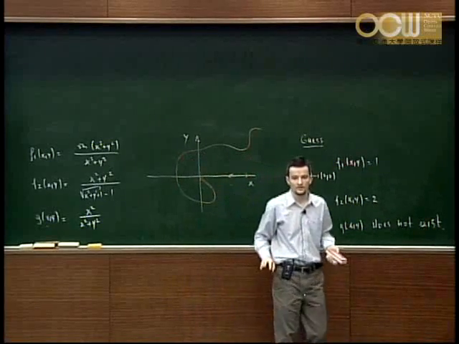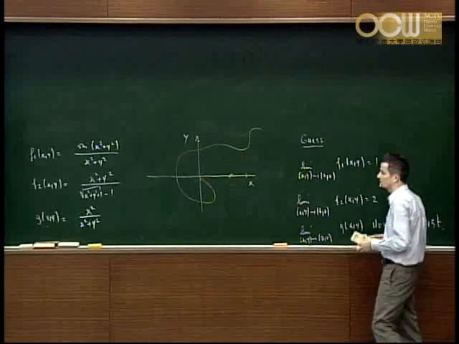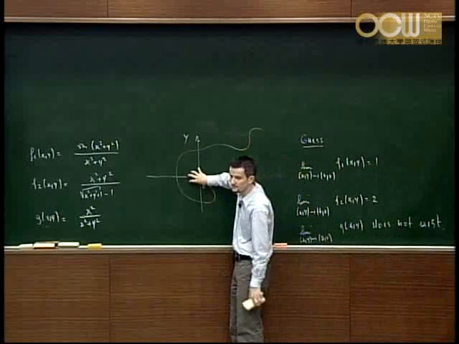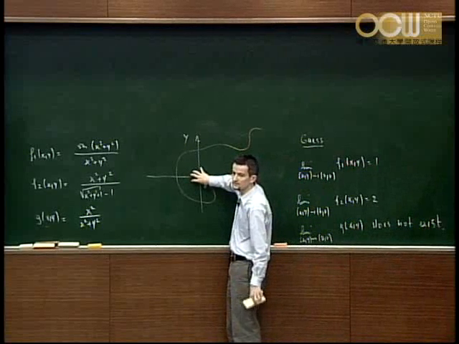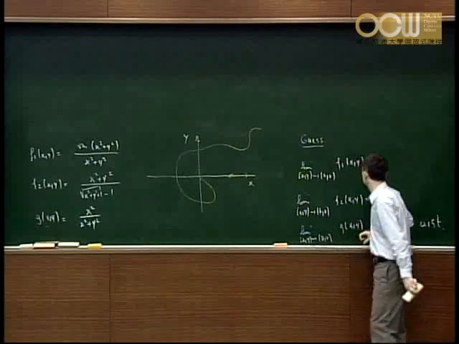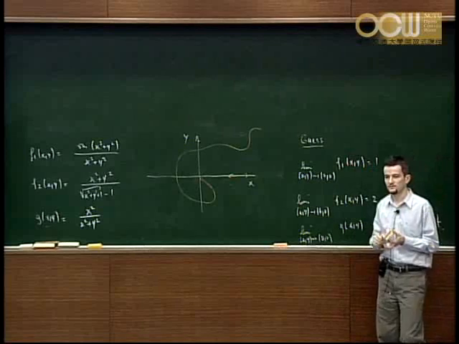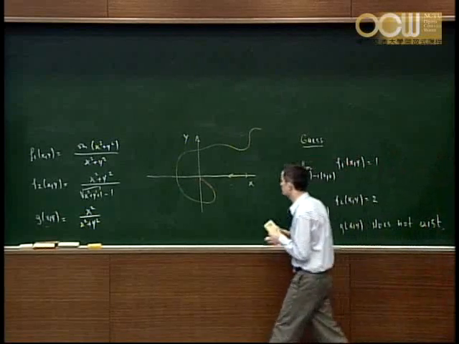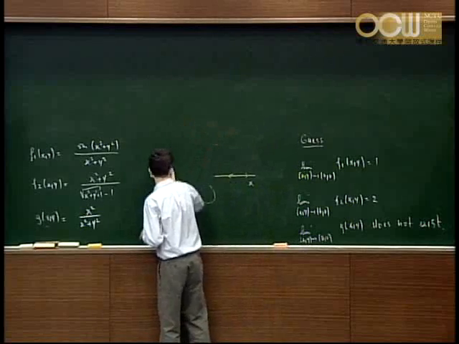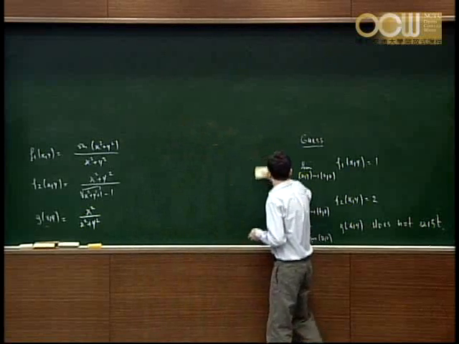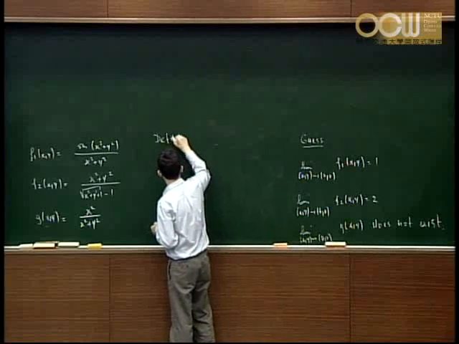So if I give you an epsilon, you have to give me the radius of the disk such that for all (x, y) inside the disk, the distance between the function value and 1 is smaller than epsilon. This is just the same definition as last semester, but now for functions of two variables. Okay, so let's look at the definition.